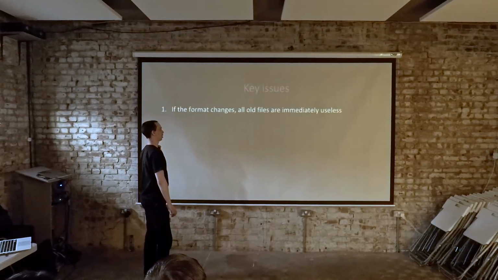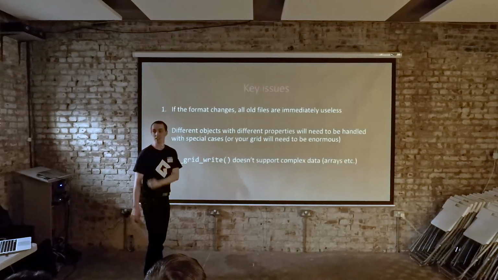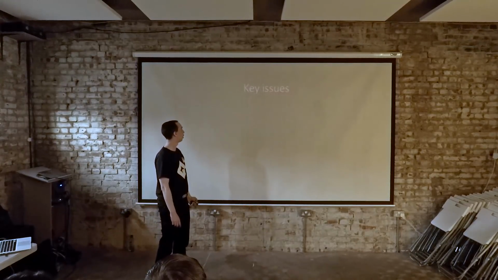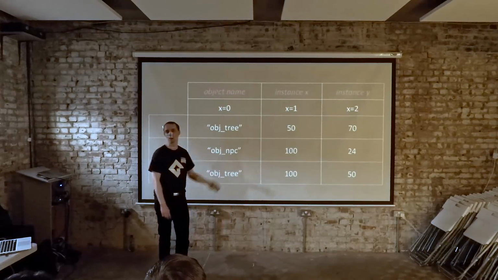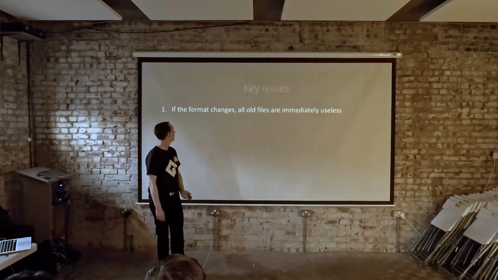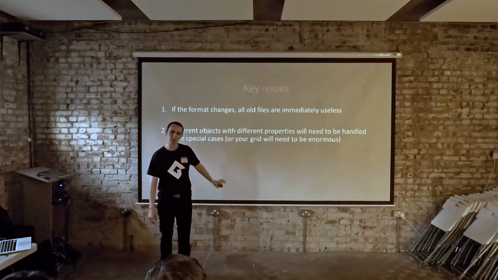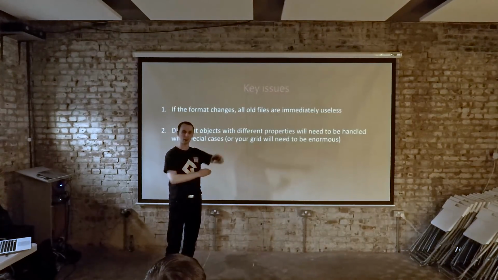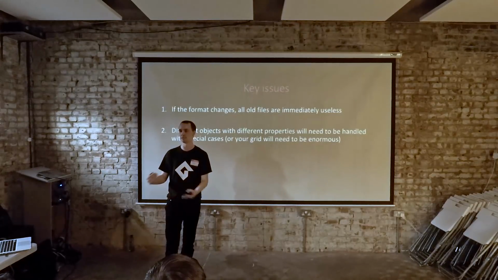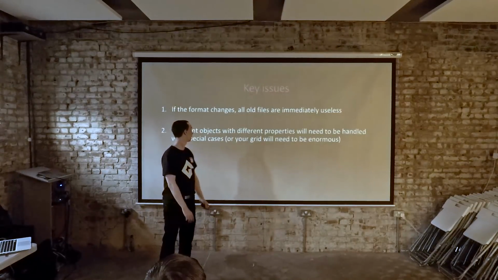So here's some key issues. If format changes, you're screwed. So if column 1, you decide no longer needs to be the object name, it needs to be lines of dialogue, the whole thing breaks. If you have different objects that need different properties, you'll end up putting variables in different locations which might have different meanings and different contexts, and that is a nightmare to debug.